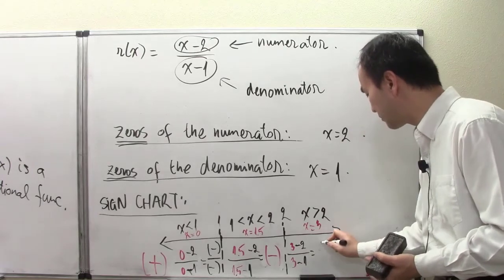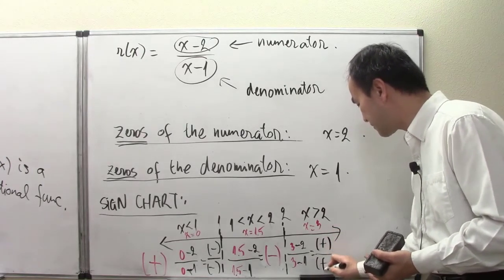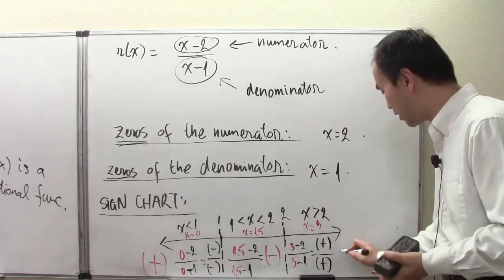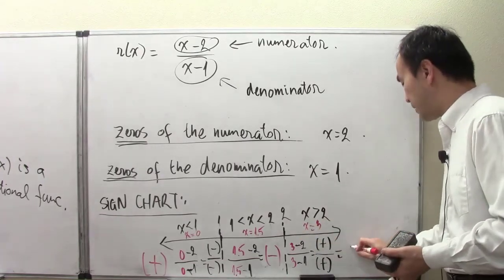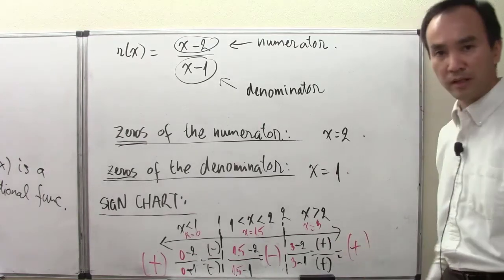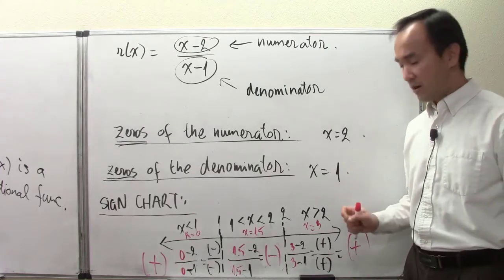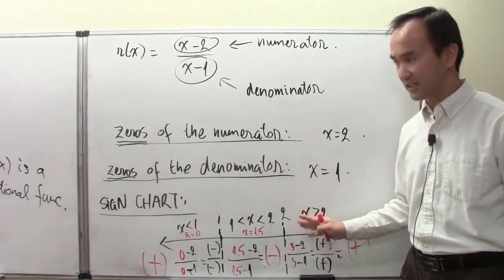So it's giving me a positive answer on top divided by a positive calculated value at the bottom. My overall sign of the rational function here is a positive sign. Positive divided by a positive gives me a positive sign. So now I am just right around the corner from getting that final answer.